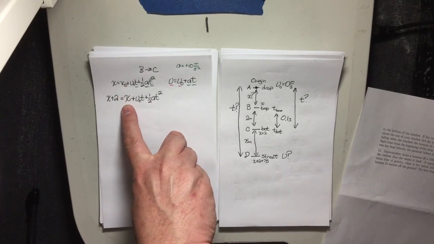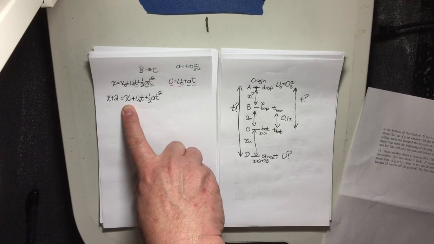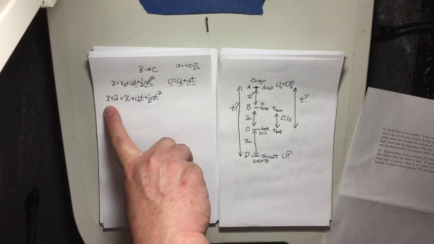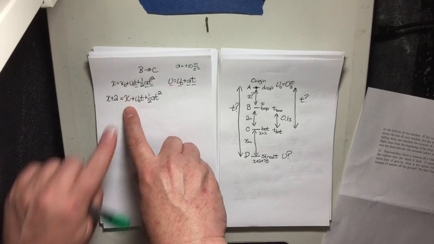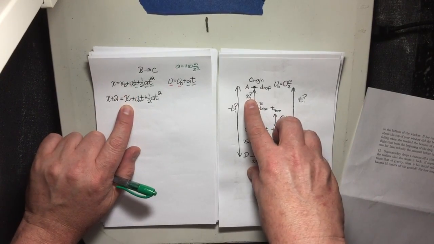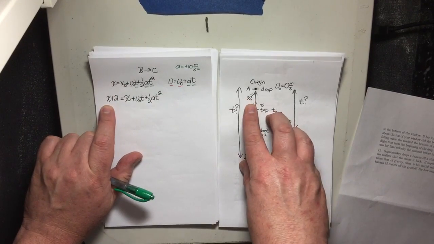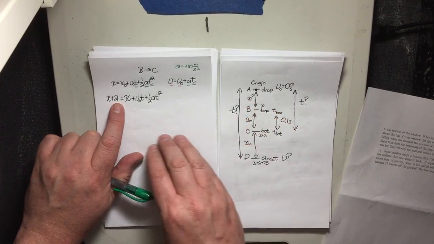Here I know the initial position, this bizarre position x that we don't know, and here I know the final position, x plus 2. So x naught becomes this variable x, and x final becomes this mystery position x plus 2.